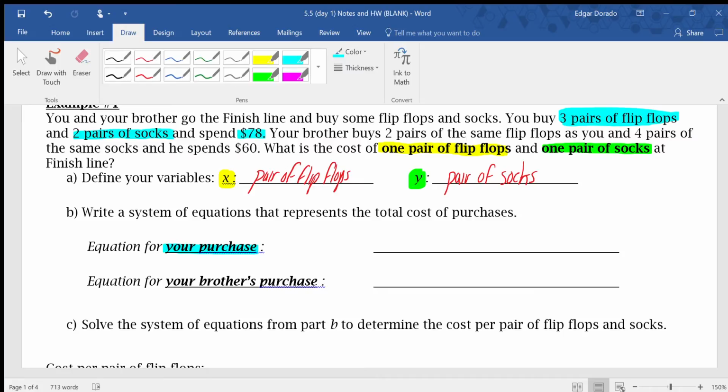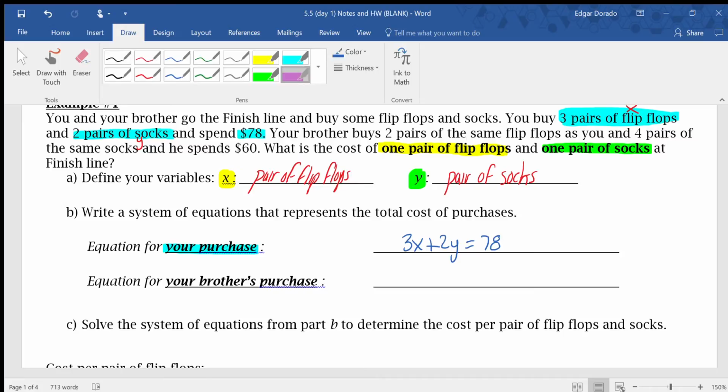We know flip-flops are x, and we know that socks are y, and then we spend a total of $78. So I can write an equation such as this: 3x plus 2y equals the amount of money I spent, which in this case is $78. Hopefully you were able to gather that information from our scenario.